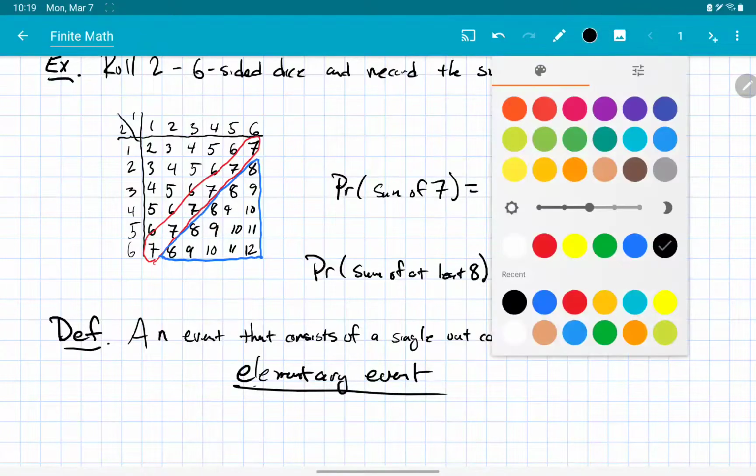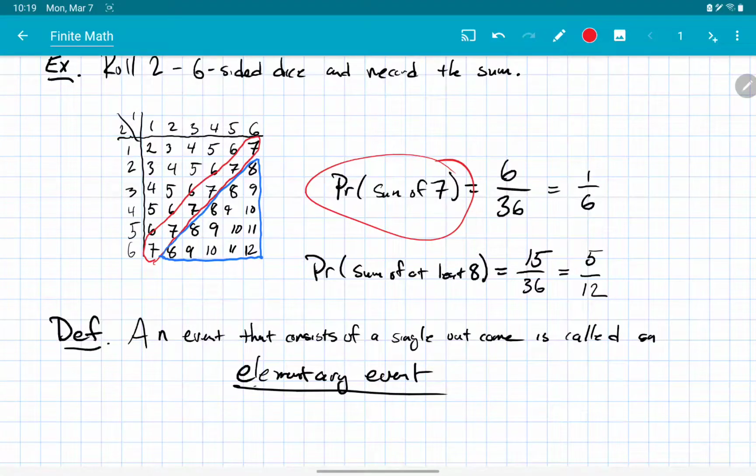An example of an elementary event is this one right here. Since the only outcome we're recording is the sum of the dice, and we're not thinking of different ways to get a 7, a sum of 7 is an elementary event if we're only recording the sums.